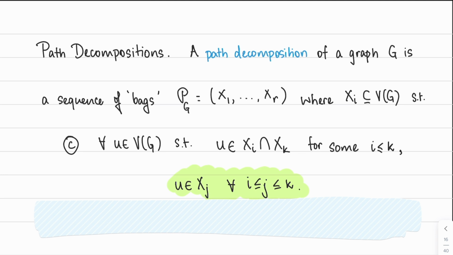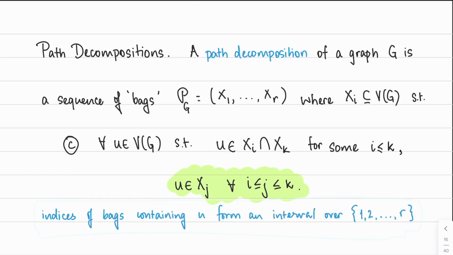So for every j between i and k, u also belongs to xj. This means that if you look at all the bags that contain a particular vertex, that collection of bags forms a subinterval in this sequence. There cannot be any gaps whatsoever. So this is the notion of a path decomposition.